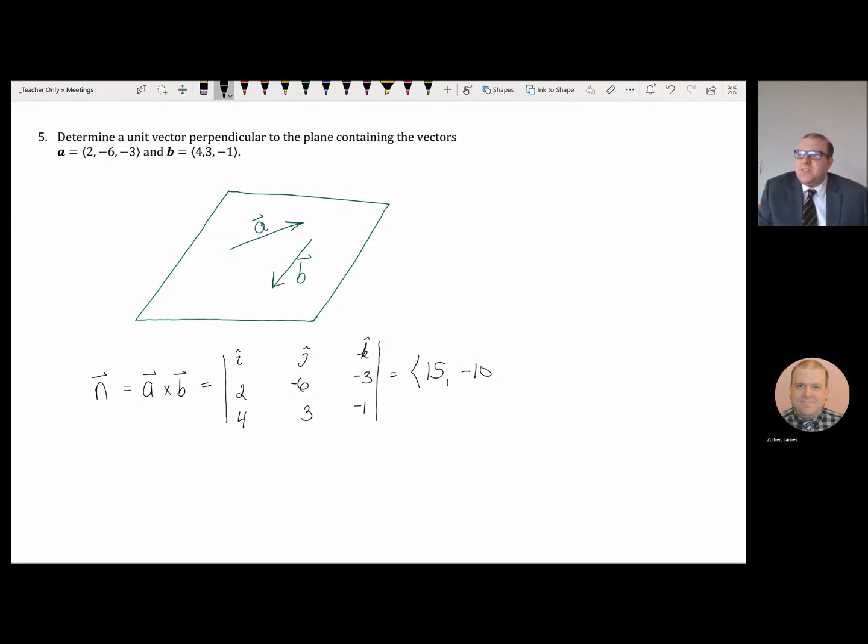That'd be 6 plus 24. So there's our cross product. That's not what we were asked for, though. We're asked for a unit vector. Let's make life easy. Factor out a 5.